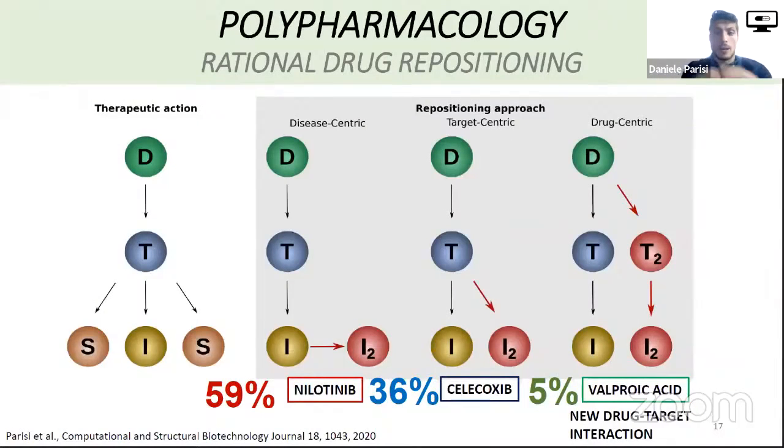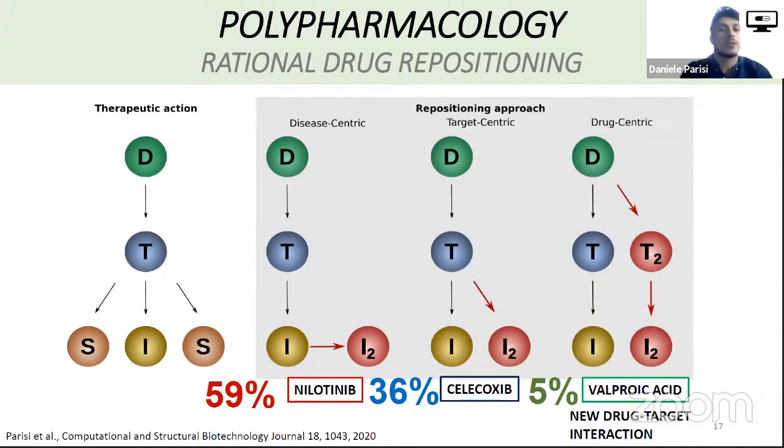So I summarize here how the three different kinds of repositioning approaches that I showed you before can be expressed in the drug target and indication network.